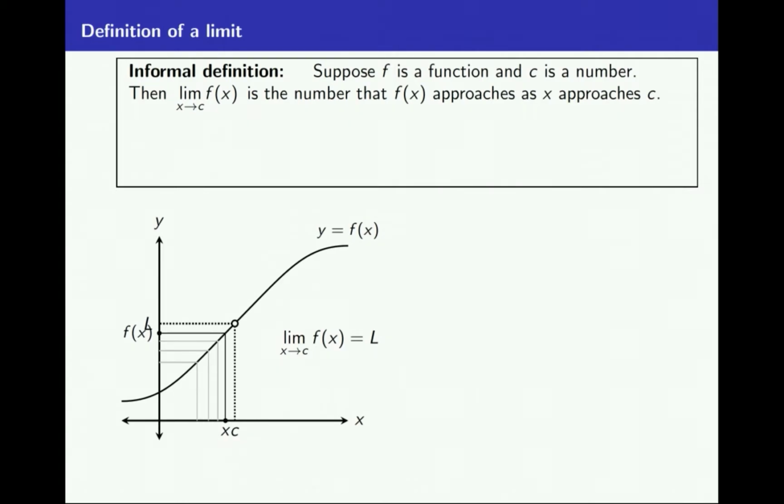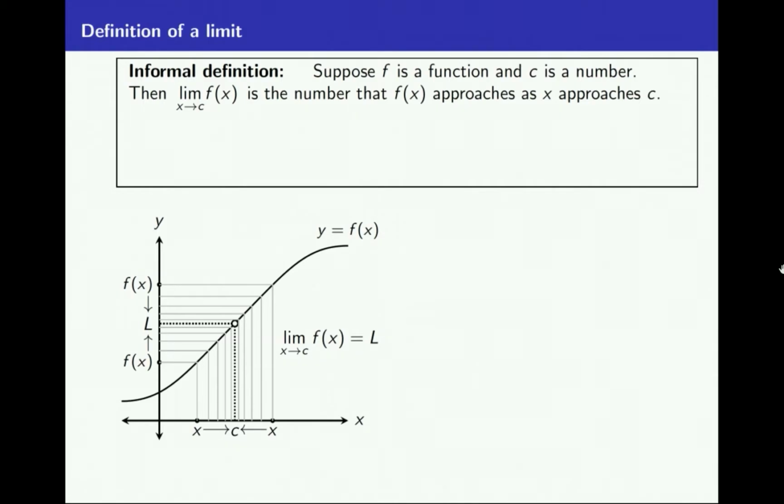So x is approaching c, and f of x is getting closer and closer to L. As x approaches the number c, f of x is approaching the number L. If x were on the other side of c, and we look at f of x, it's above L, but as x gets closer and closer to c, f of x is getting closer and closer to L. As x approaches c, f of x approaches L. So L is the number that f of x approaches as x approaches c, which means that L is equal to the limit as x approaches c of f of x.